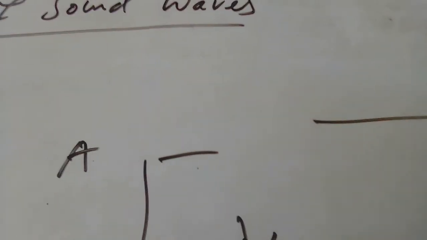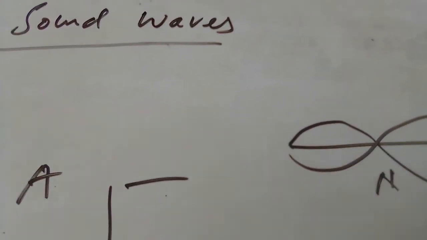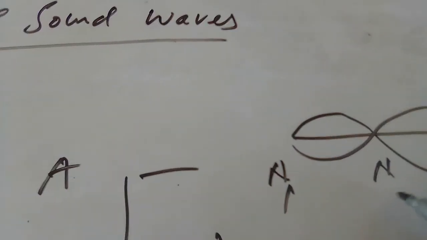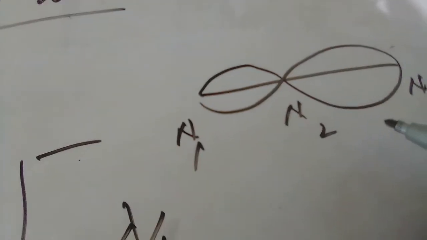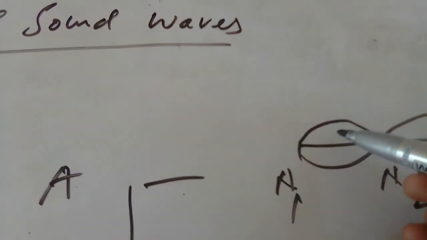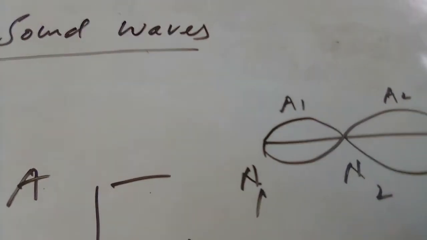Let's say these are stationary waves. These points are called nodal points N1, N2 and N3. These are called nodes. Nodes are the points at which the amplitude is zero, and these are antinodes A1 and A2.